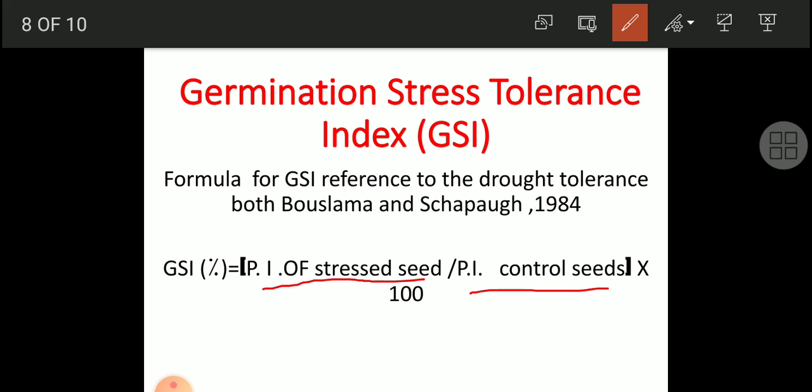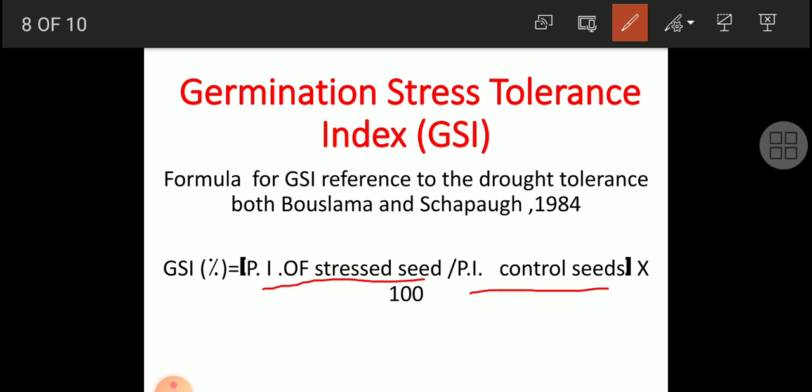So 5 seeds germinated, in the sense 5% seeds germinated in the 0.5% treated NaCl solution. That is 5, and in control, there is 10.